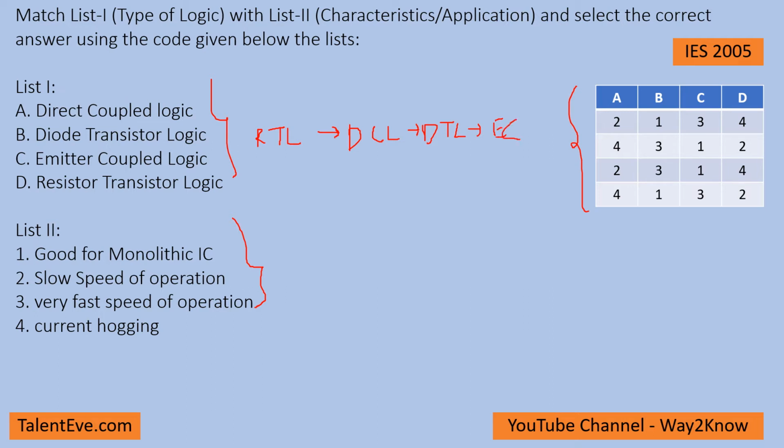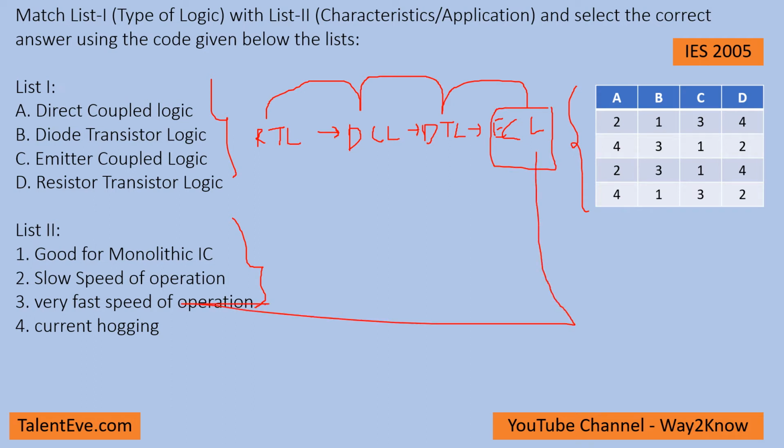So there might be some in between, but the evolution we can describe this way. First one would be resistor transistor logic, second one direct coupled logic, and then diode transistor logic, and then emitter coupled logic. So one thing we can say is that emitter coupled logic, because of the emitter coupling, is the fastest digital logic family among all.